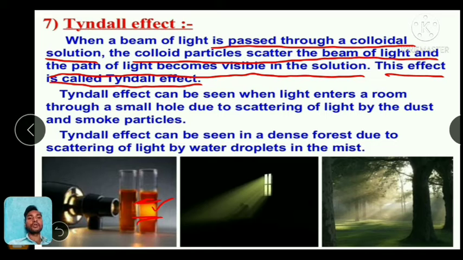That is also the Tyndall effect. The Tyndall effect can also be seen in a dense forest due to scattering of light by water droplets in the mist. In villages with a lot of trees, where it is dark under the trees and light comes through gaps, you can notice the visible particles.